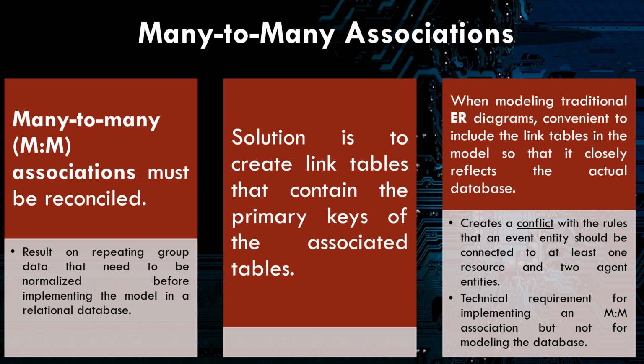So it's associated. These associations must be reconciled. It results in repeating groups of data that need to be normalized before implementing the model in a relational database. The solution for this is to create a link table that contains the primary key of the association table.